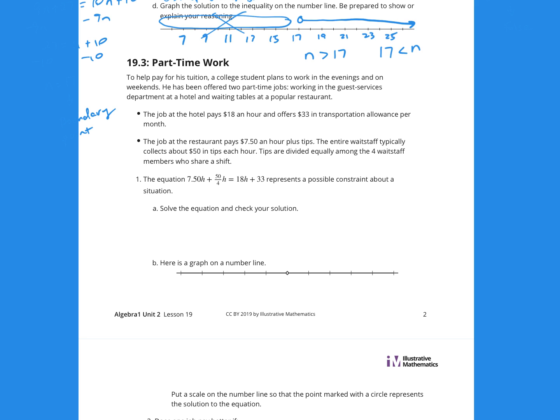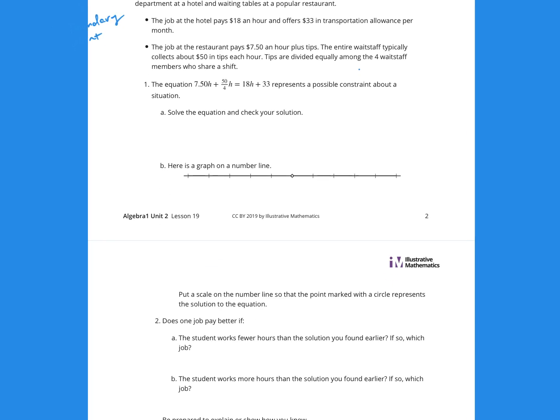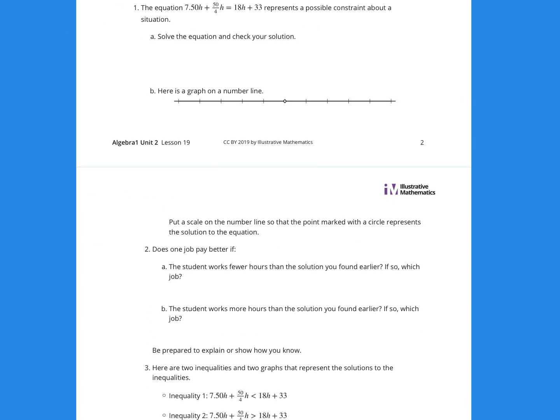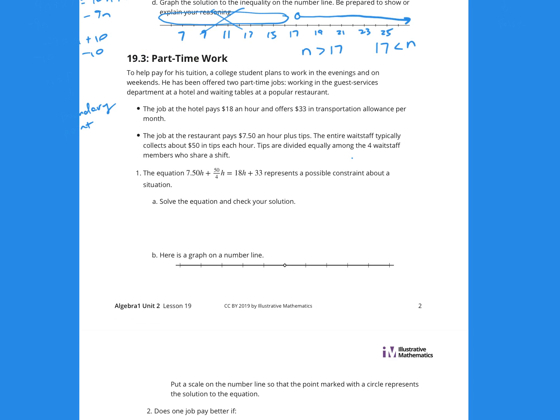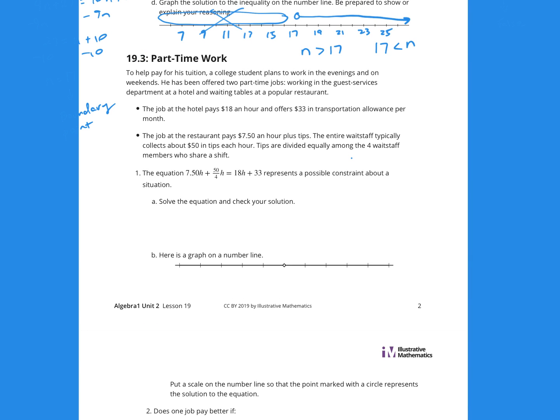The entire waitstaff typically collects about $50 in tips each hour. Tips are divided equally among the 4 waitstaff members who share the shift. The equation 7.50h plus 50 divided by 4h is equal to 18h plus 33 represents a possible constraint about the situation. So what you need to do is answer questions 1, 2, and 3. They do continue on to the next page, so go ahead, pause the video, and do that.